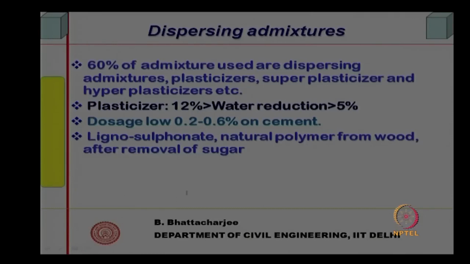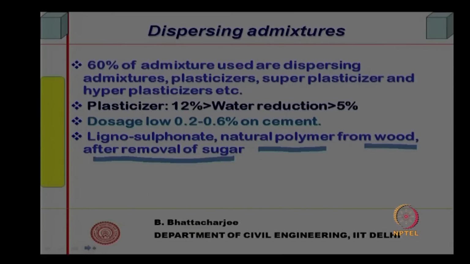and the materials that have been used are lignosulfonates. Lignosulfonates are natural polymers from wood, obtained after removal of sugar and various carbohydrates, and then sulfonated. We will come to this process a little bit more later.